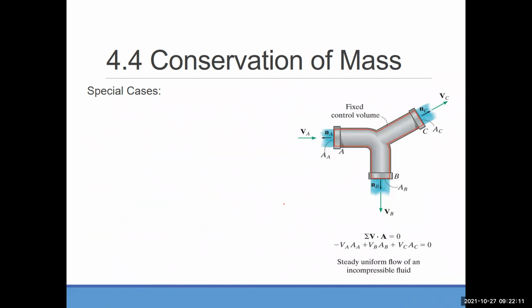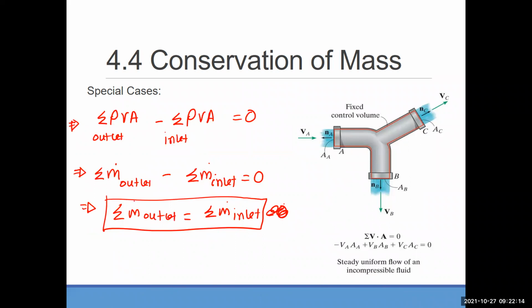Okay. So the next simplification is, here we know that is rho VA for the fluid, right? Now, do you think for water or any liquid, the density will change at inlet and outlet? What do you think? The density of water at inlet and outlet, do you think that will be different or the same? That will be the same, right? No matter what amount of pressure or temperature I apply, there will be maybe an insignificant amount of change, which I don't need to consider all the time.